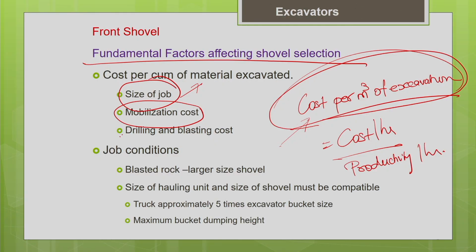Another important thing to note is that when you go for a bigger shovel, very commonly used in a quarry, the bucket will be able to handle bigger pieces of rock. So accordingly, I can change my drilling and blasting pattern. I can have an economical drilling and blasting pattern in such a way that the rock pieces can be bigger, because a bigger bucket can handle bigger pieces of rock.